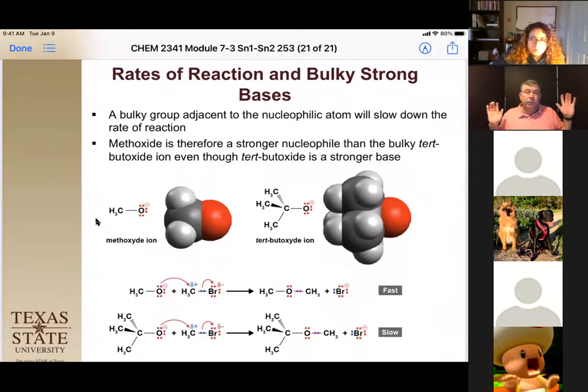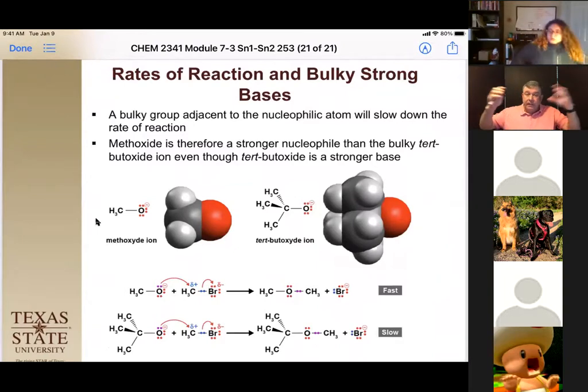Let's look at the rates of reaction based on size. Usually the big bulky groups are going to slow the reaction down, because it takes more time to get enough energy on those big groups.